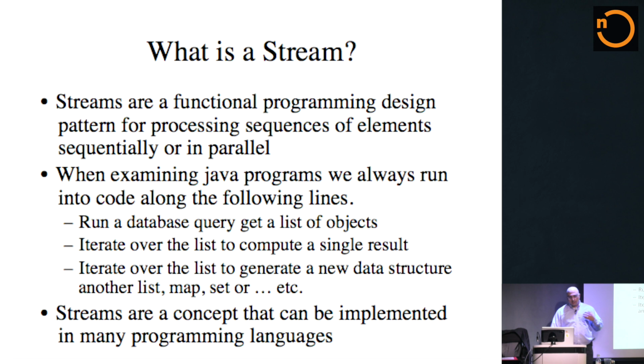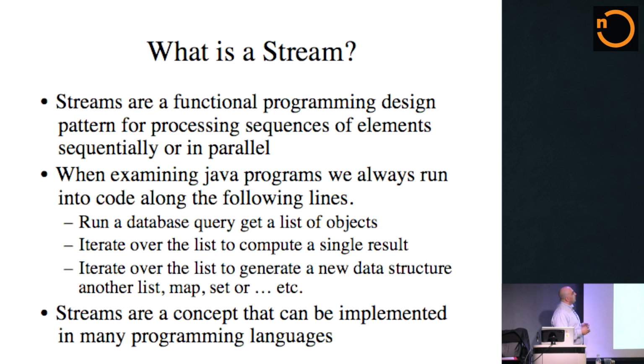Or you iterate over the list and produce another list. This type of looping over data structures, who's got lots of that in their Java application? And what streams do is they make that easier to do. That kind of code is a lot easier to write with streams. So streams are a concept, and because they are a design pattern, you can implement streams in C#, you can implement them in C++, you can implement them in whatever language you want.